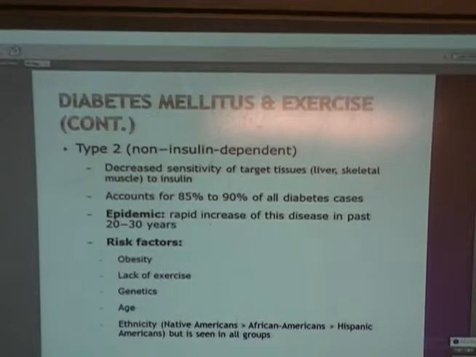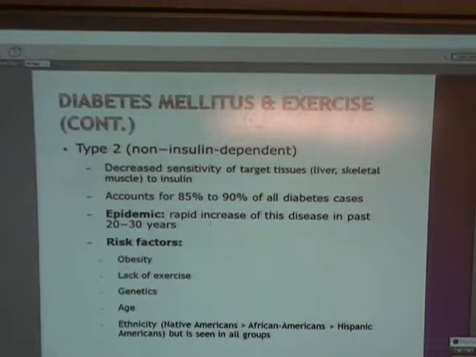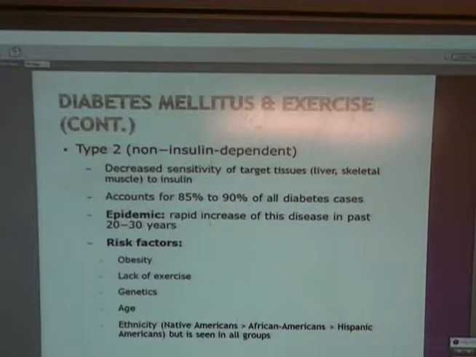So risk factors for type 2: obesity, which we know is on the rise, okay, lack of exercise, which we know is a big problem, sedentary behavior, age, although I think, in fairness, the age is more linked to the fact that as we get older, we become more sedentary and we put on weight, and so all those factors start to play in.